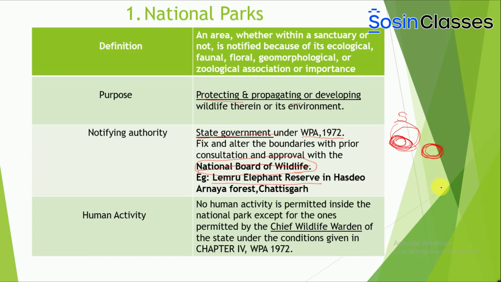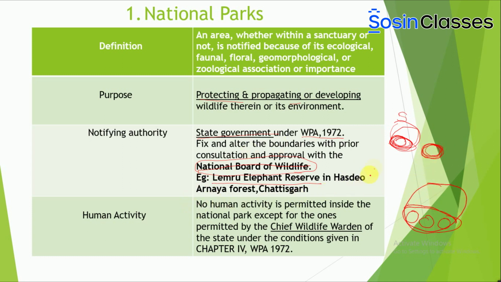Lemru Elephant Reserve in Chhattisgarh contains certain coal mines. Due to this protected area, these coal mines are left unused. Therefore, the Chhattisgarh government wants to alter the area and use these coal mines in the best possible ways. So in such cases, the state government can alter, reduce or increase the area of a national park.